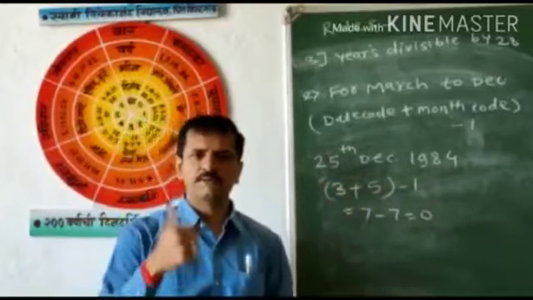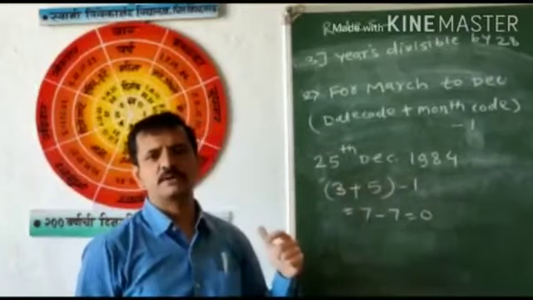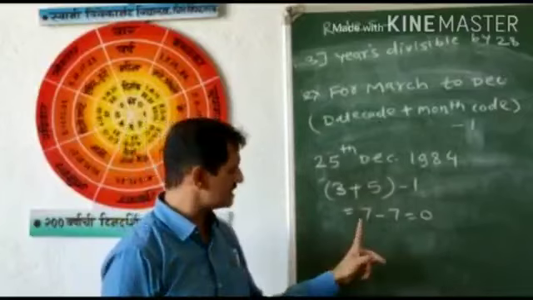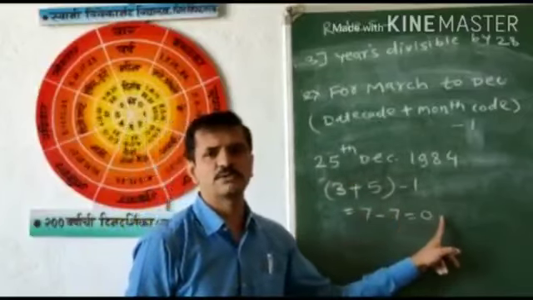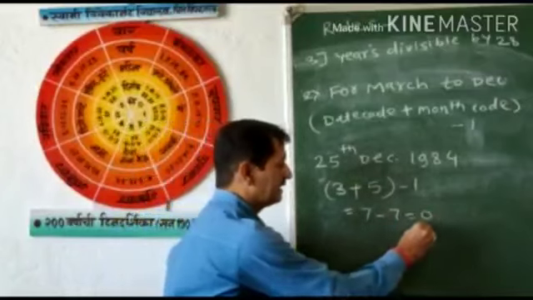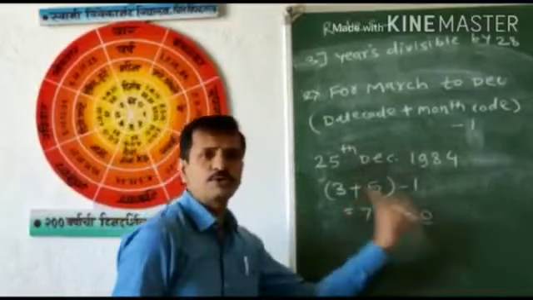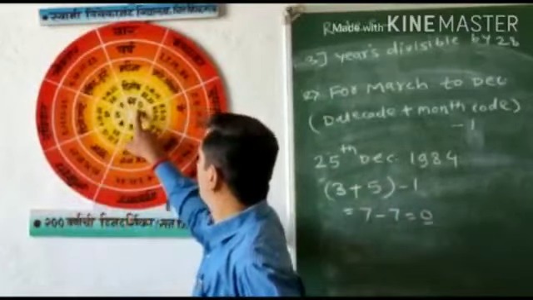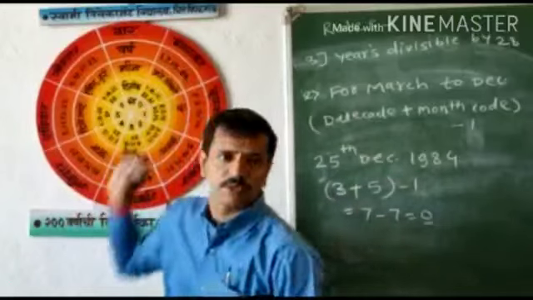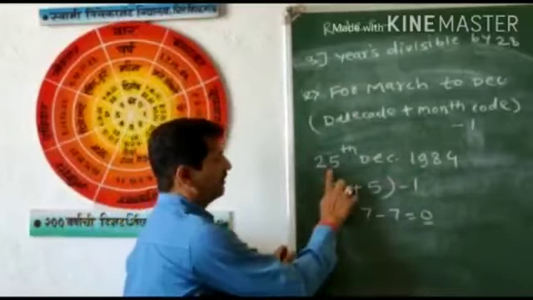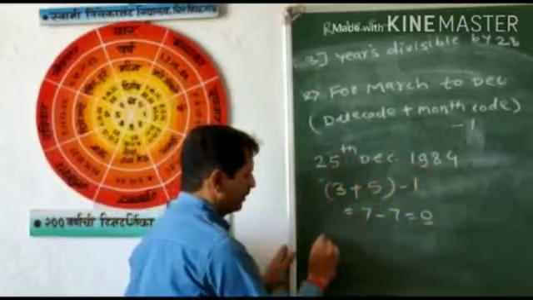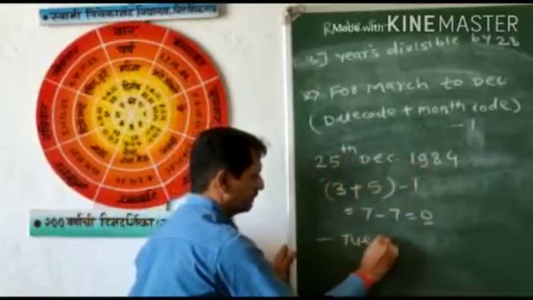Because we know after 7 days, the same day repeats. Now we have to find the day for code 0. Code 0 is Tuesday. That's why on 25th December 1984 there is Tuesday.